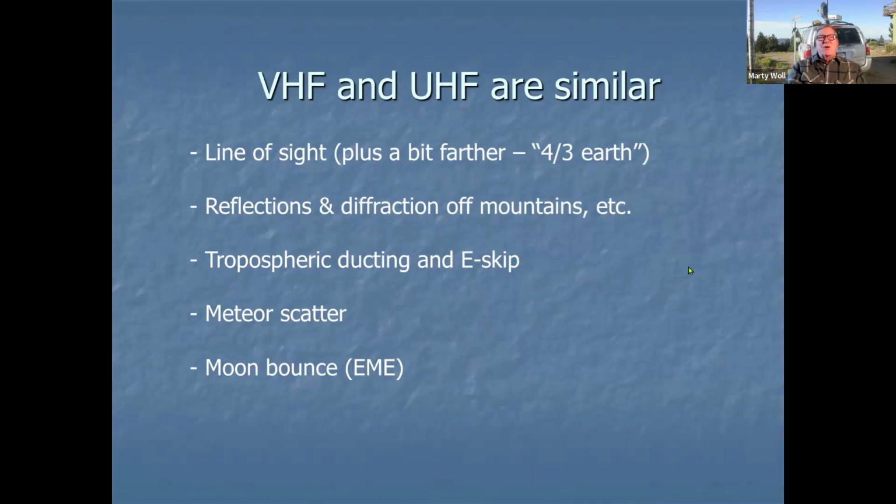Those ionized trails, just like the ionosphere itself, can refract signals and shoot them back down toward Earth. The typical maximum meteor scatter distance is around 1,200 miles, but I know there are stations that will use that in a contest. I've made only one meteor scatter contact.